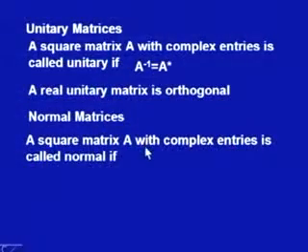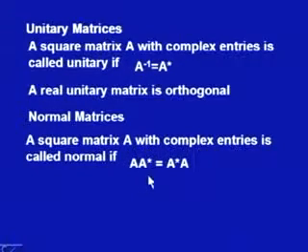Similarly, we define normal matrices. A square matrix A with complex entries is called normal if A A star is equal to A star A. So, this product of A with A star, that is the transpose conjugate, and A star multiplied by A, they should be equal.